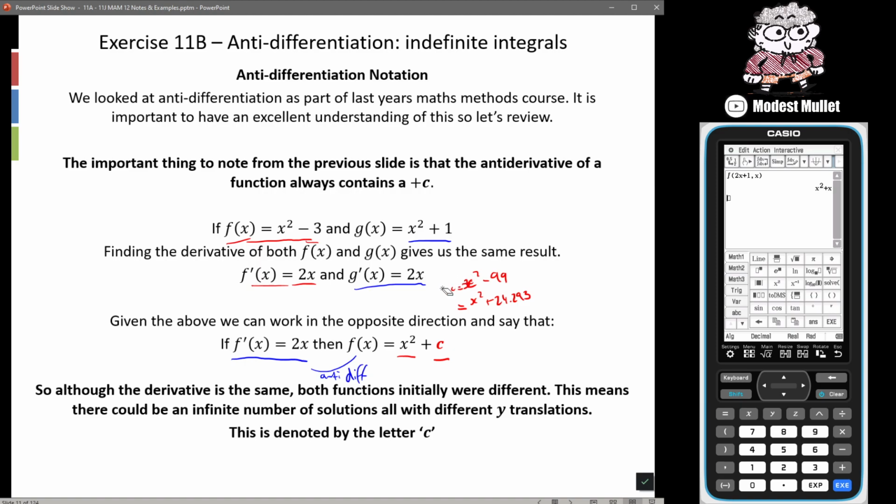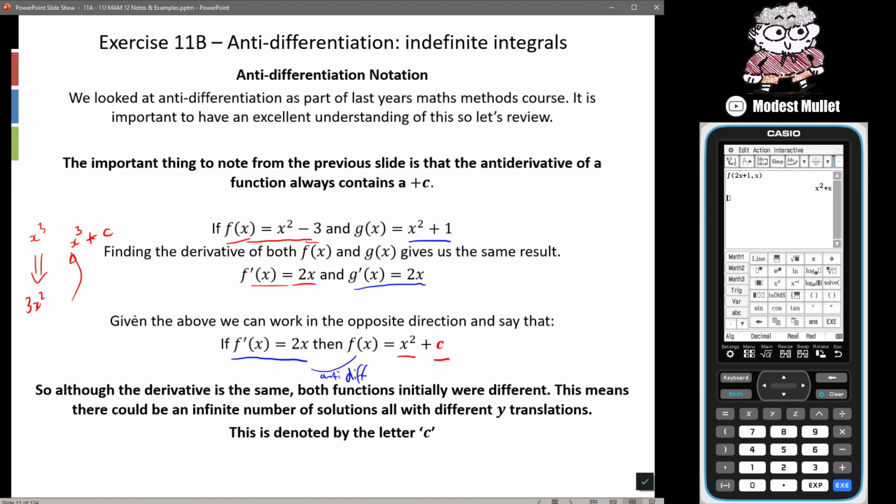So whenever you anti-differentiate, you need to realize that, yes, we have this pattern of recognition that when we go backwards, 2x is going to go back to x squared, or if we know that x cubed, when we differentiate, becomes 3x squared, then if we go backwards, it's going to go to x cubed, but it could be x cubed plus any constant.